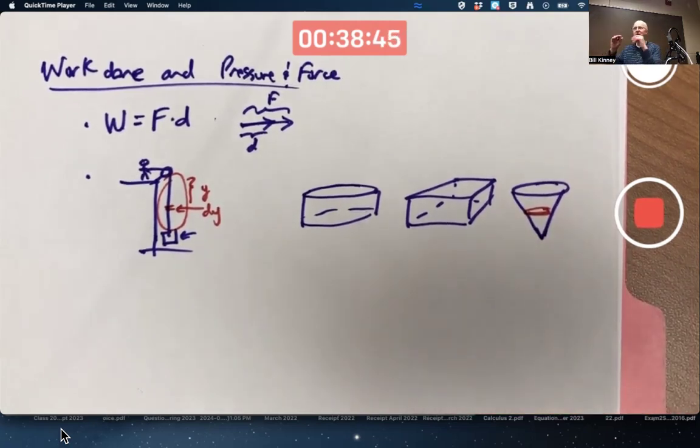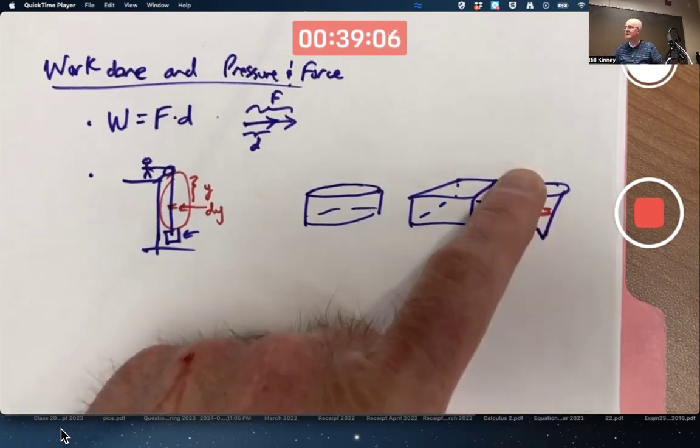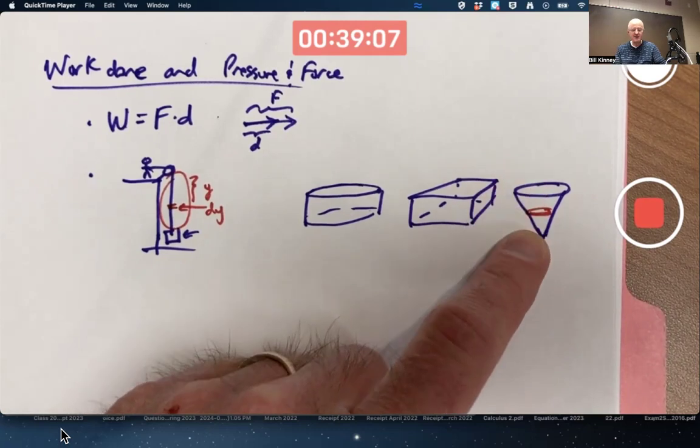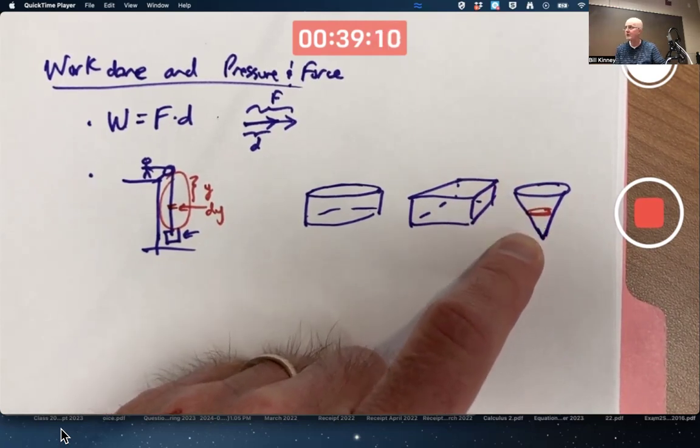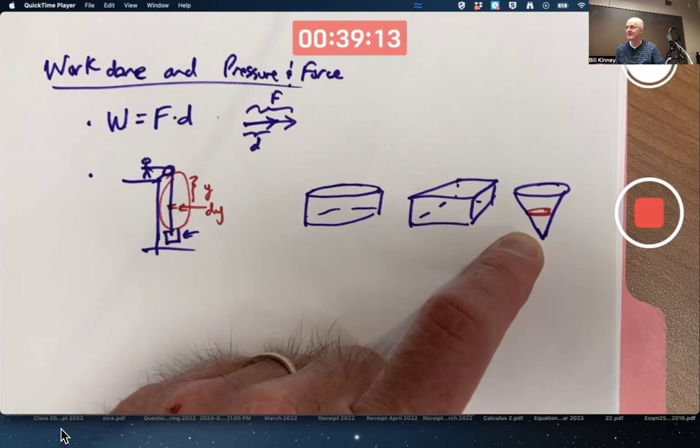And in your imagination, even though this is not literally what happens, imagine the entire thin slice of water going upwards against gravity as you pump it out. The weight of that, the force in newtons or in pounds, is constant. But the distance it travels is variable. And the volume could also be variable if it were a cone. And that's why you end up needing an integral.